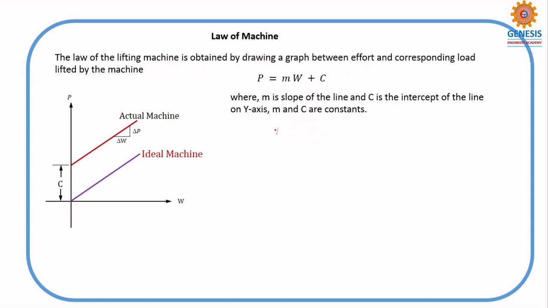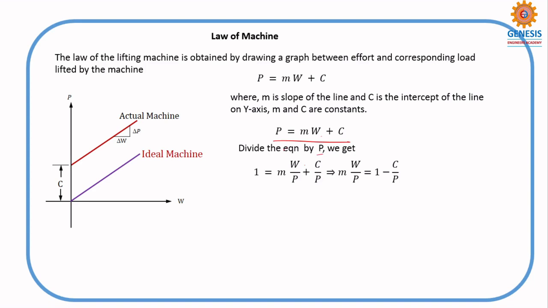Now this P is equal to mW plus C can be rearranged like this. If I divide the equation by P, we get 1 is equal to m into W by P plus C by P. P by P is 1.